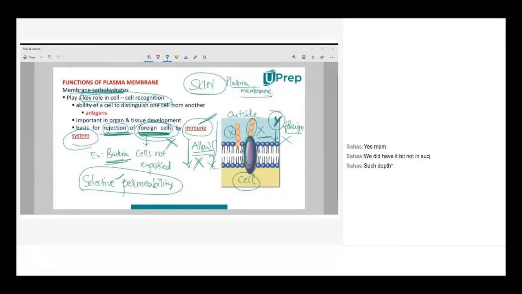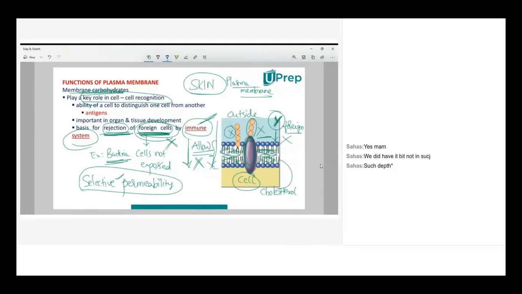Here, when you take the cell recognition part, one of the students asked, what is the role of cholesterol? Cholesterol is the one which you find here in the lipid bilayer. I'm showing it in a zigzag way, see in the diagram, the green shaded one. So these are the cholesterol molecules.